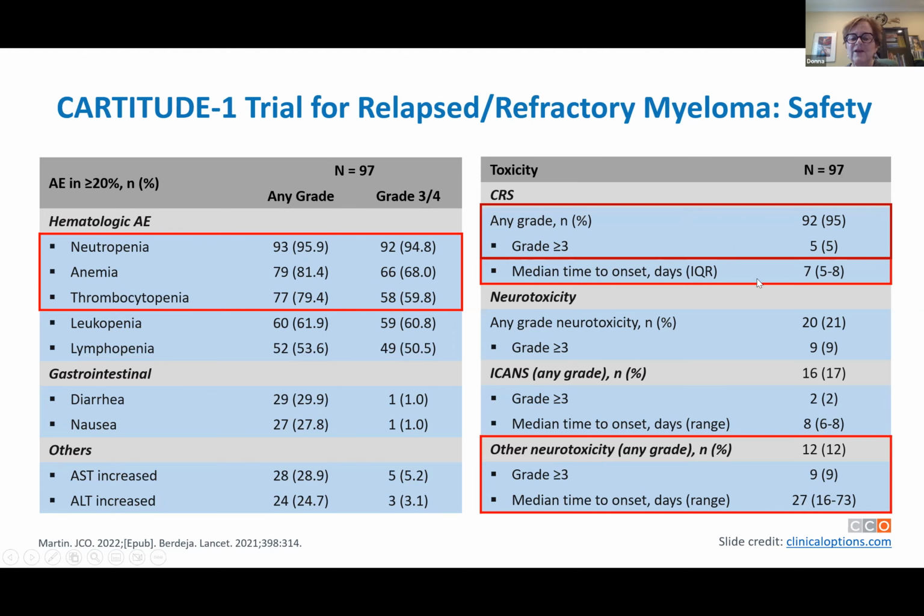It occurs a little later. There's slightly more neurotoxicity, but with every good treatment, there are potentially special considerations or worrisome factors. And what was seen with CARTITUDE is a more unusual neurotoxicity that was a bit different, and it's been described as a Parkinson's-like entity.